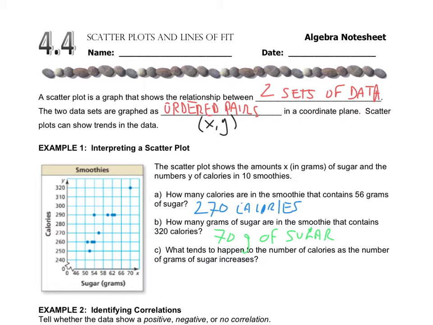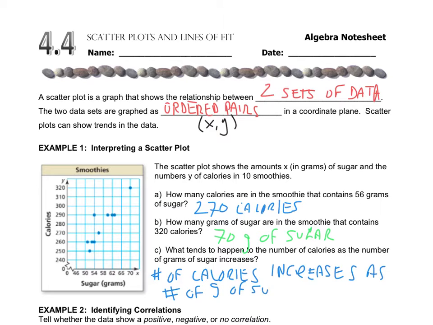The way we're going to answer this is we're going to say the number of calories increases as the number of grams of sugar increases.